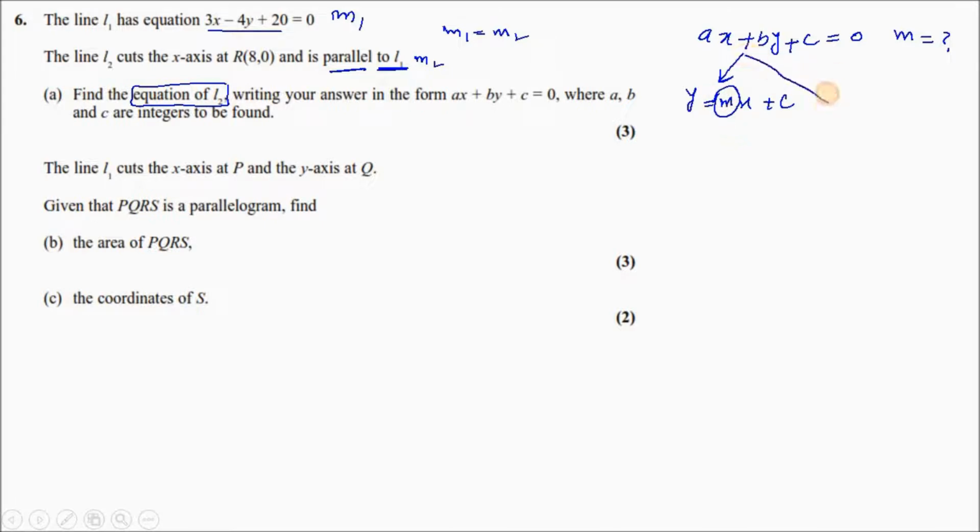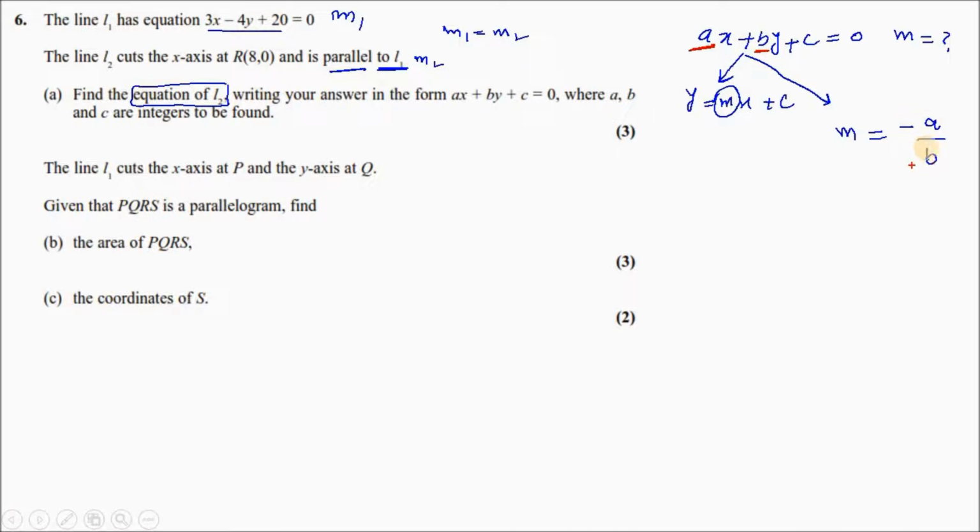Or the second option, you don't need to rearrange: the gradient of the line you can find directly, m is equal to minus a by b, where a is the coefficient of x, and b is the coefficient of y if the equation is in the form ax plus by plus c equal to 0. So you just substitute minus a by b.